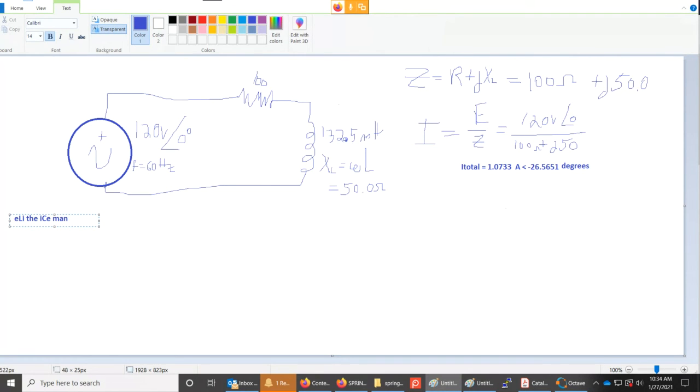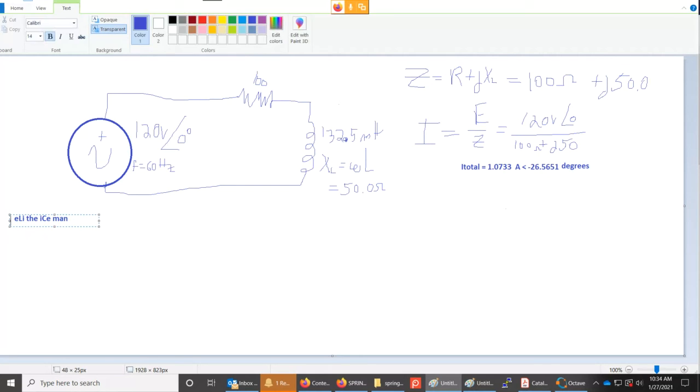The current is behind the voltage in an inductor, so the current angle is negative. And so that's our current.